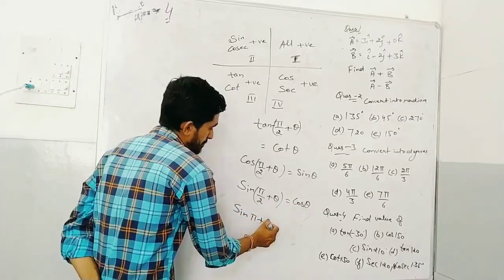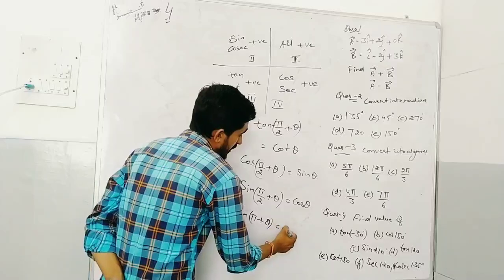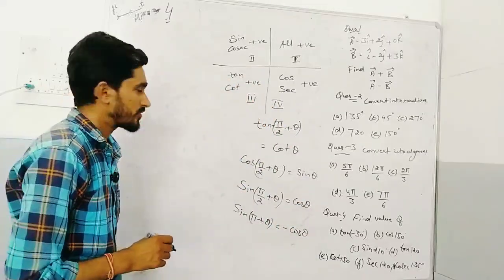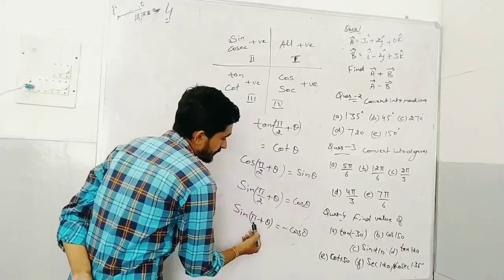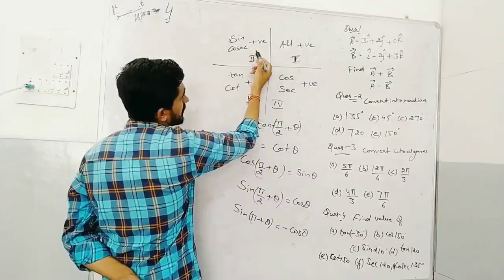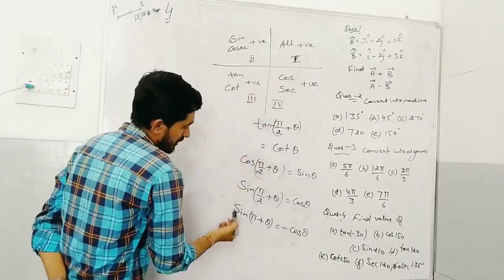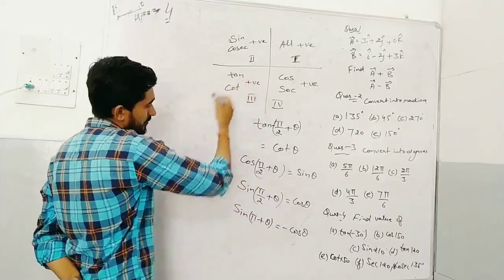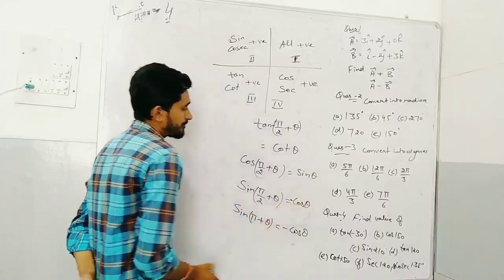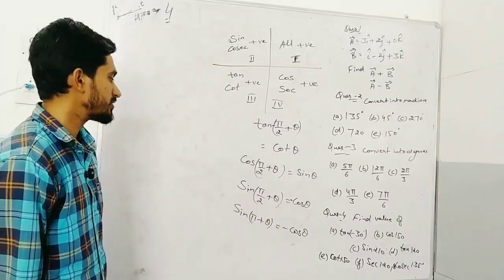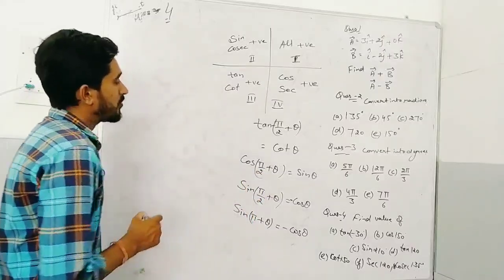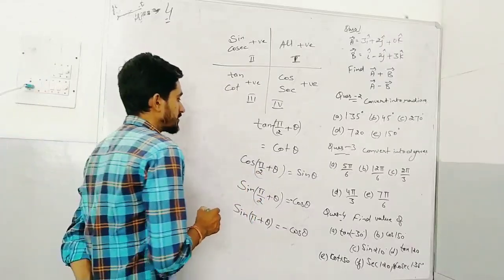Sin of pi plus theta becomes minus sin theta according to this quadrant. Here we have noted down also, sin of pi plus theta is minus sin theta, and cos of pi by 2 plus theta is minus sin theta.